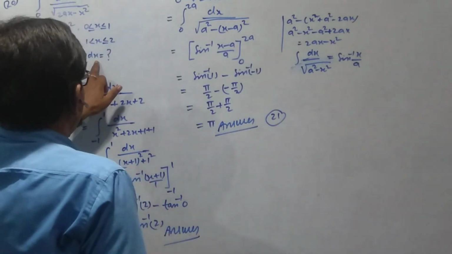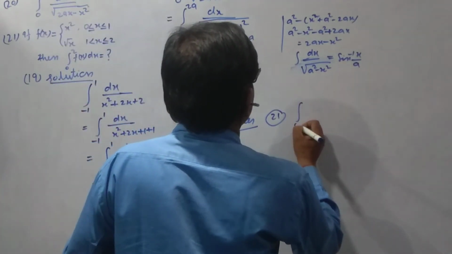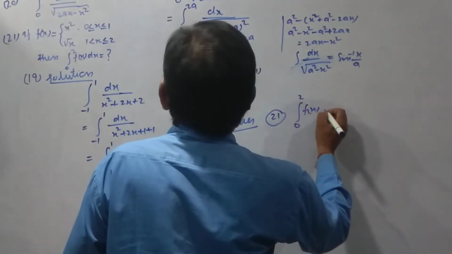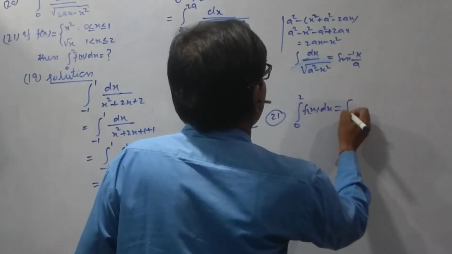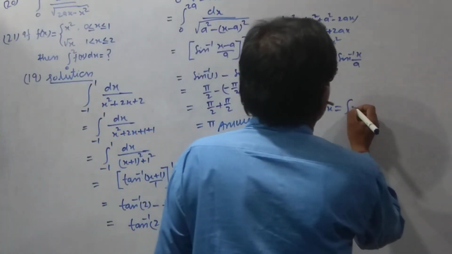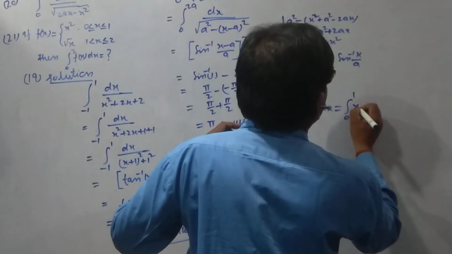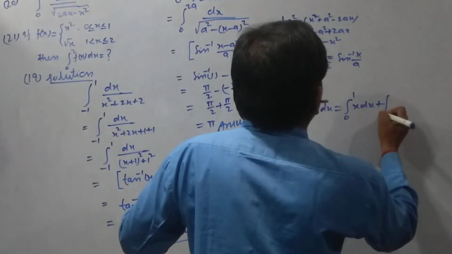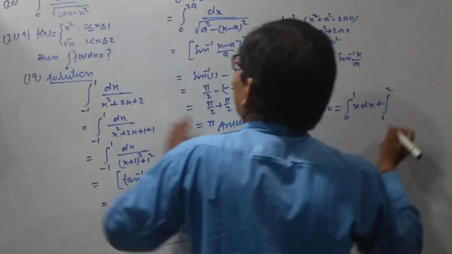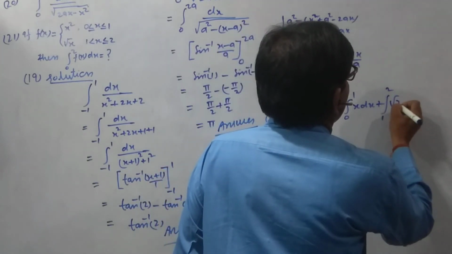Here we have to calculate the integral from 0 to 2 of f(x) dx, which is equal to the integral from 0 to 1 of x square dx plus the integral from 1 to 2 of root x dx.